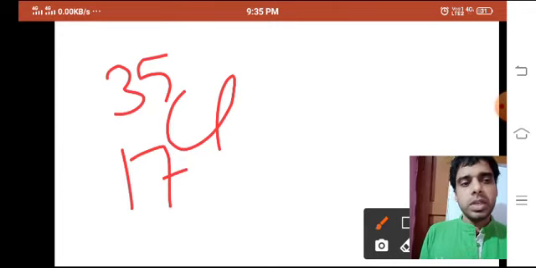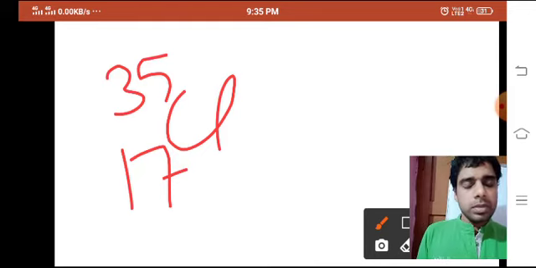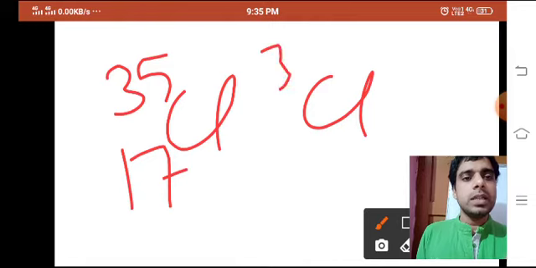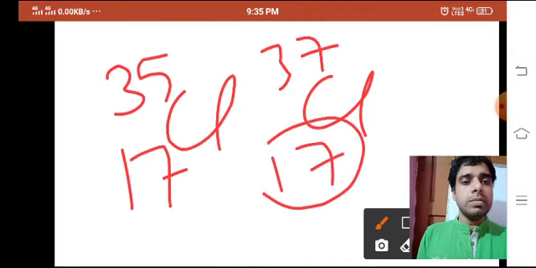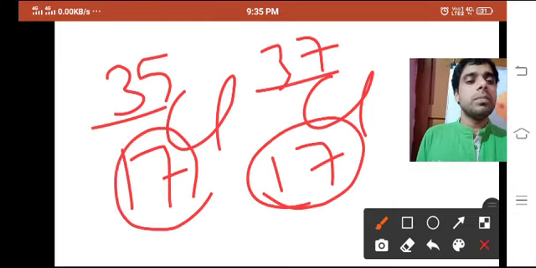The definition you will learn: isotopes are atoms which have the same atomic number but different atomic mass. Cl-37, 17. Now you can say it has the same atomic number but a different atomic mass.